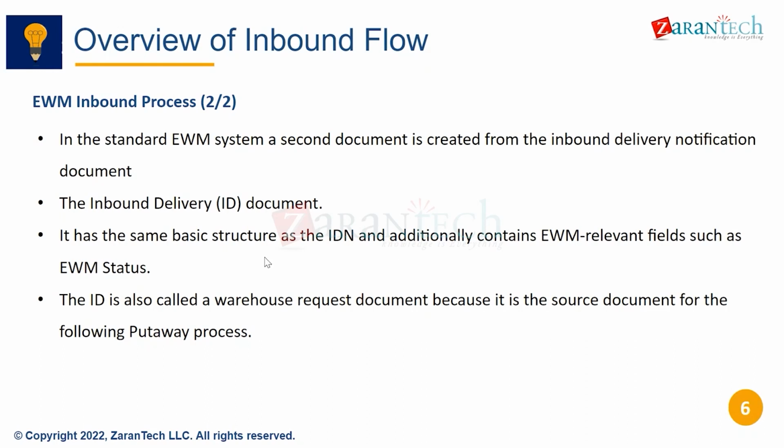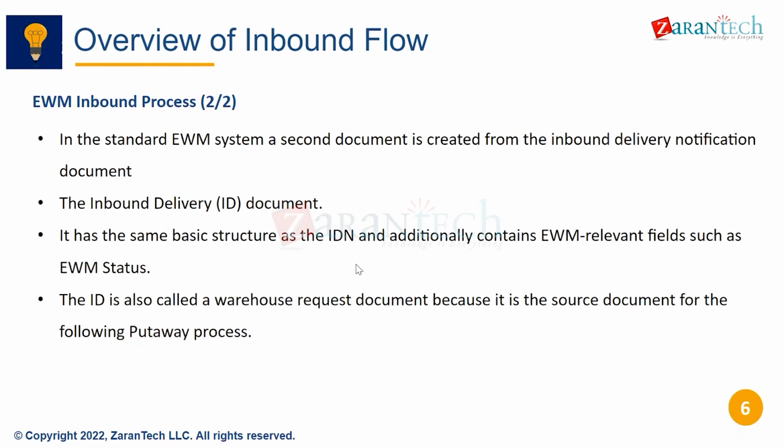Okay, then once you create the inbound delivery document, you complete your putaway, all the statuses like unloading, then you'll have the goods receipt status, then all the warehouse activity completion statuses, like the deconsolidation activity or whatever activities you are going to do in the warehouse.